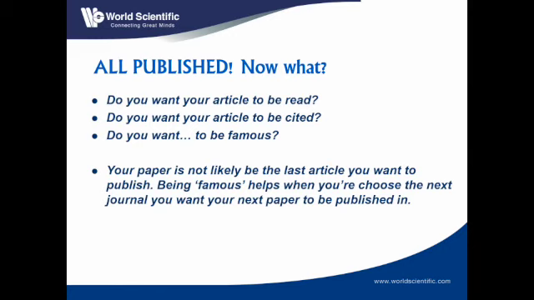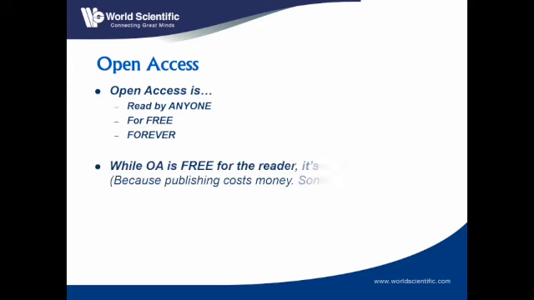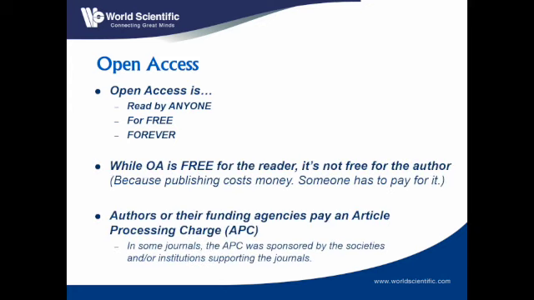Actually, we noticed that most OA papers have a 30 to 40% higher chance of being cited than a non-OA paper. The reasoning is very simple: open access can be read by anyone for free.